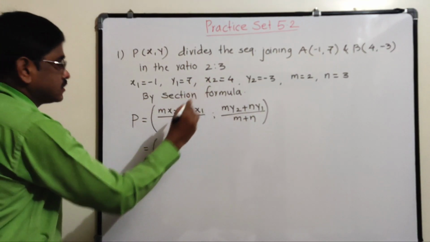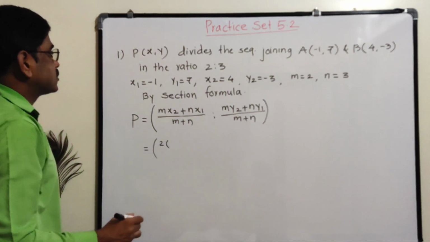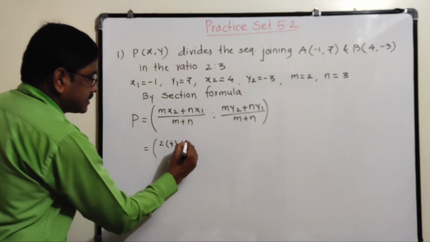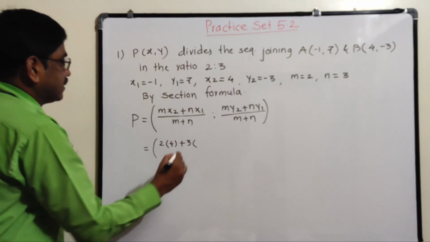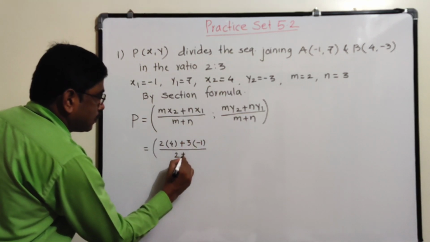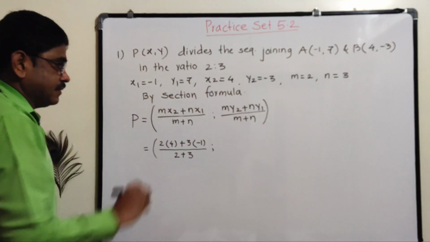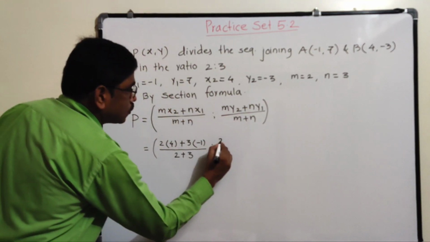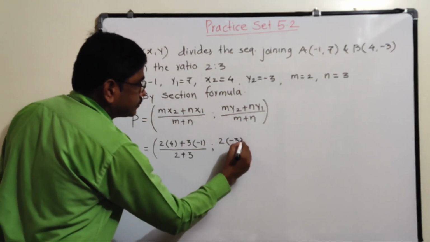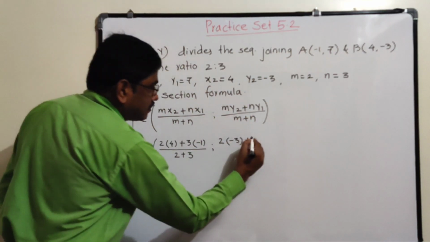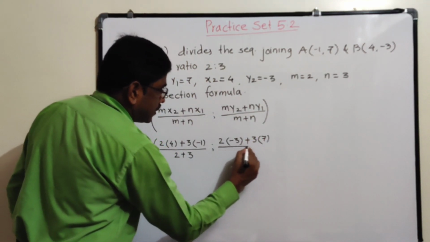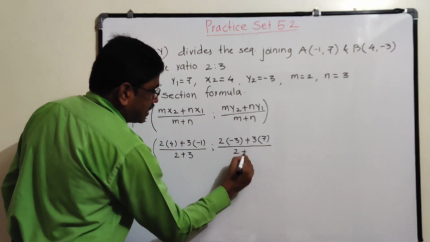So m means 2 into x2 is 4, plus n is 3 into x1 is -1, divided by 2 plus 3. Here m means 2 into y2 which is -3, plus n means 3 into y1 is 7, divided by m plus n.